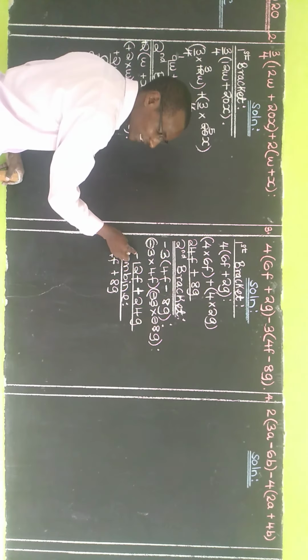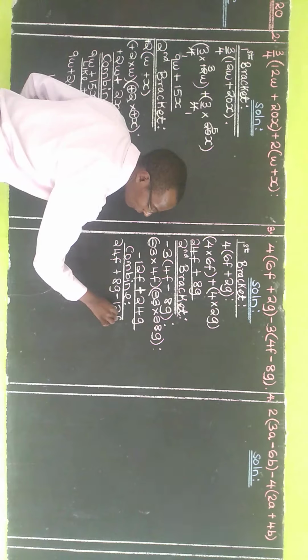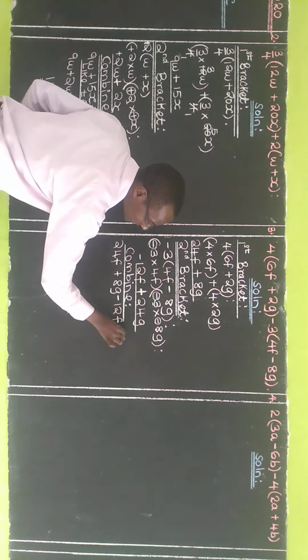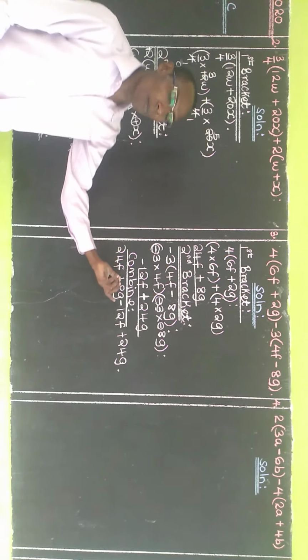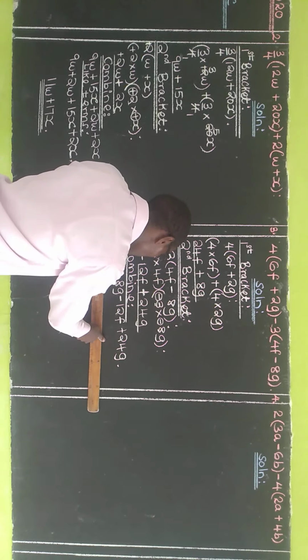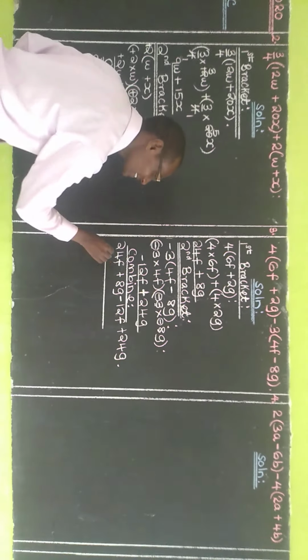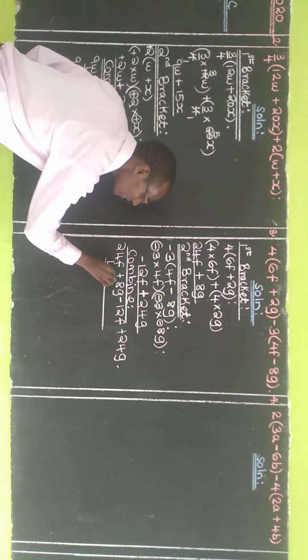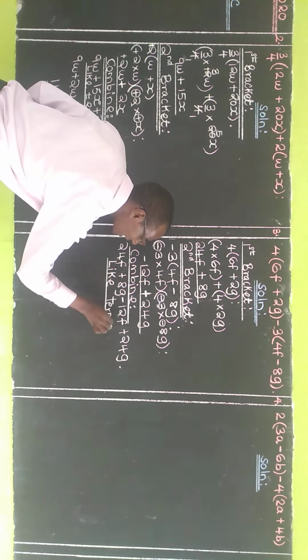The result for the second bracket we have this one, which is negative 12f plus 24g. After combining them, I now collect the like terms together.